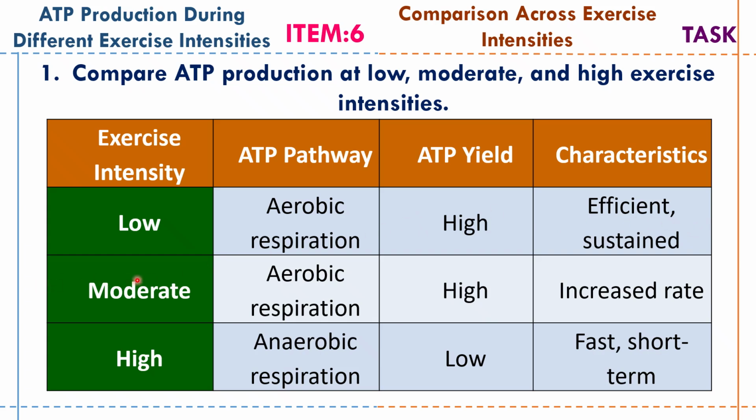At moderate exercise intensity, the ATP pathway is aerobic respiration. ATP yield is high. Characteristics: increased rate. At high exercise intensity, the ATP pathway is anaerobic respiration. ATP yield is low. Characteristic: fast and short term.